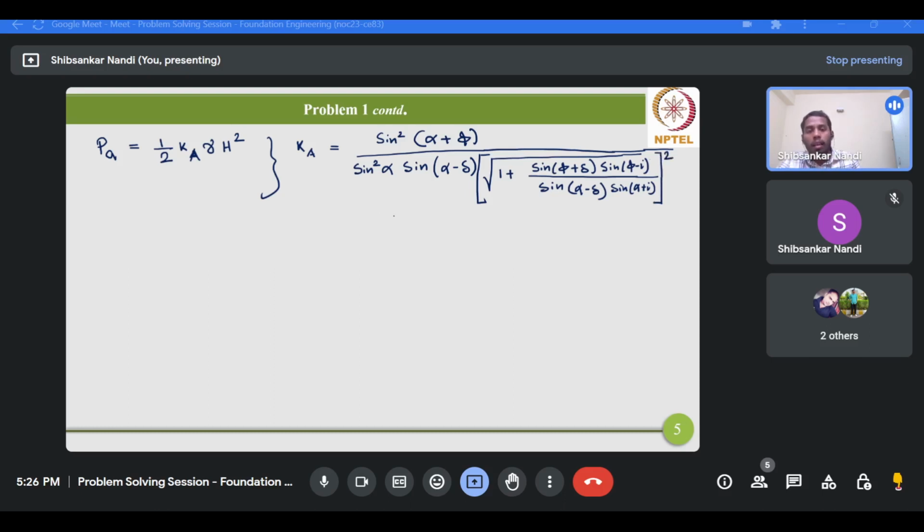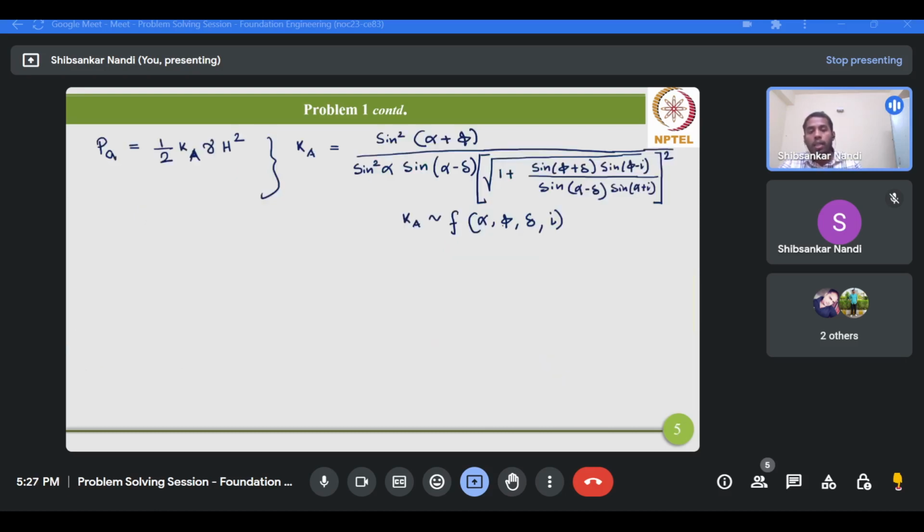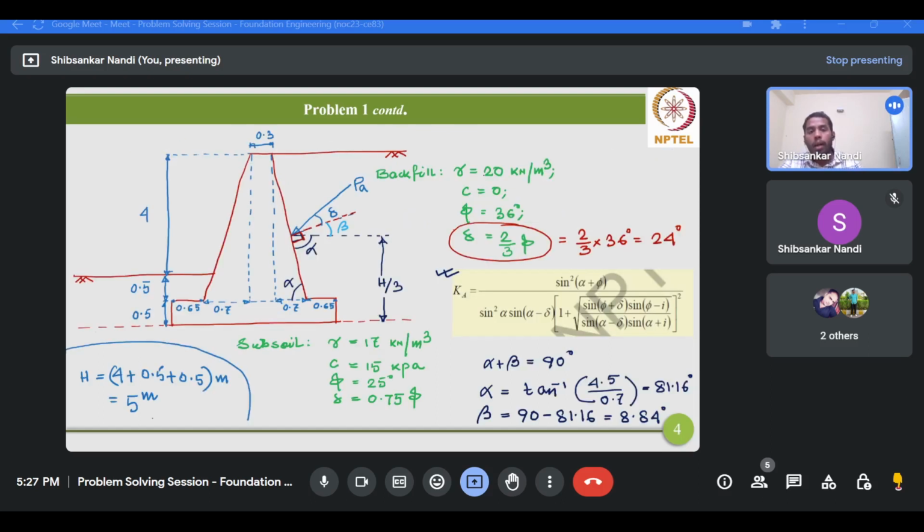Now this K is a function of alpha, phi, delta and I. What is alpha? Alpha is the inclination of the back face. We have calculated this alpha value as 81.16 degree. What is phi? This is the friction angle of the backfill material, which is 36 degree.